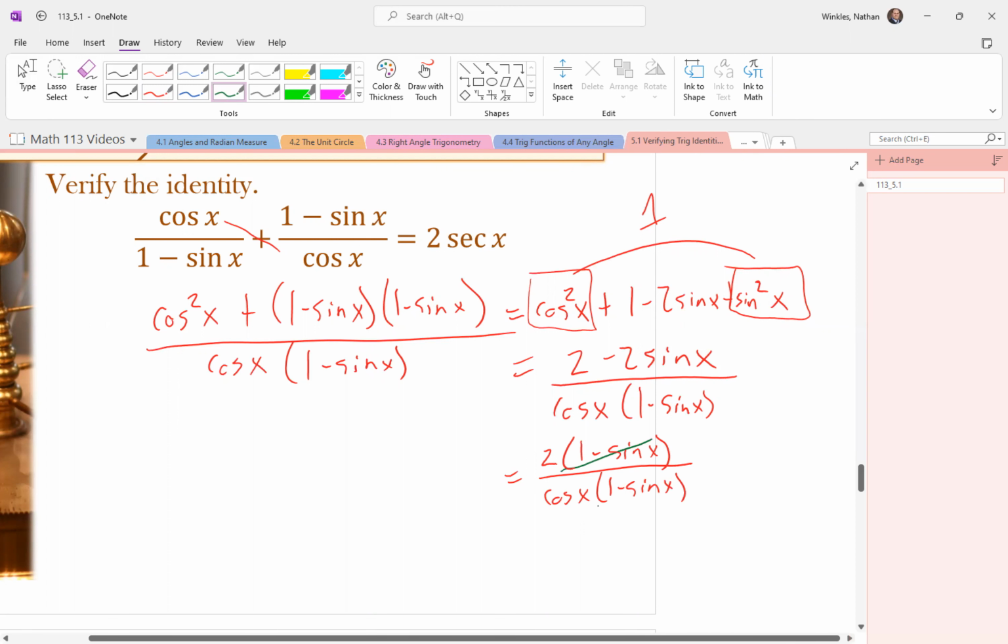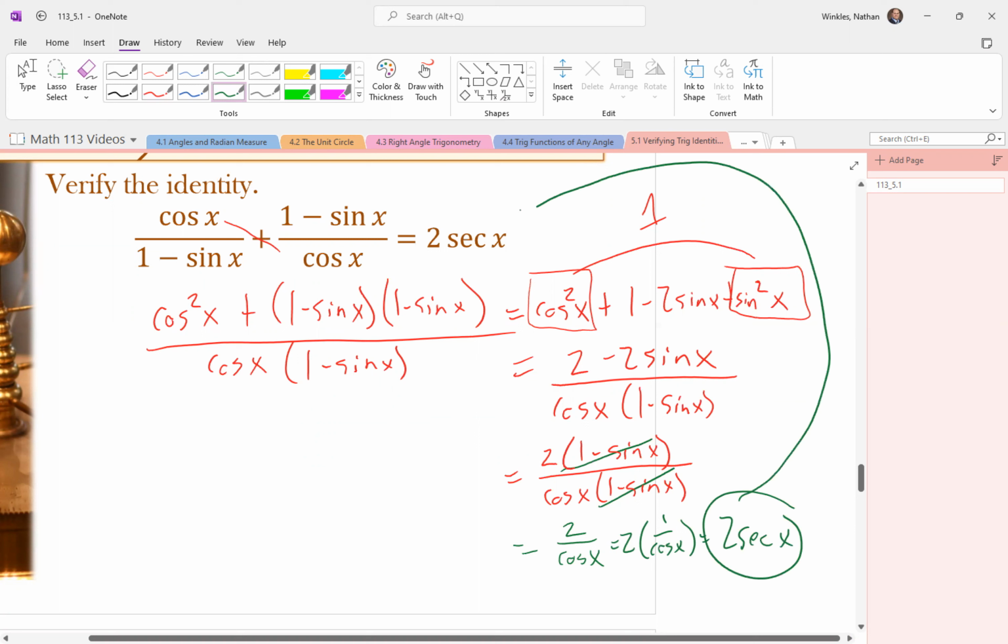Canceling out the 1 minus sine x's, we're left with 2 over cosine x. Well, remember that 1 over cosine x is actually a secant. So 2 times 1 over cosine x is actually 2 secant x, which is what we were trying to get to.